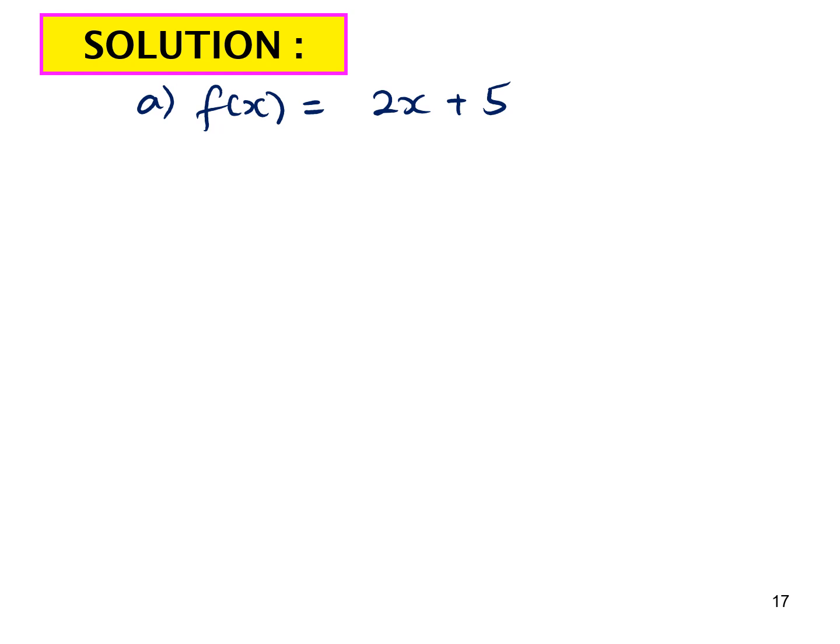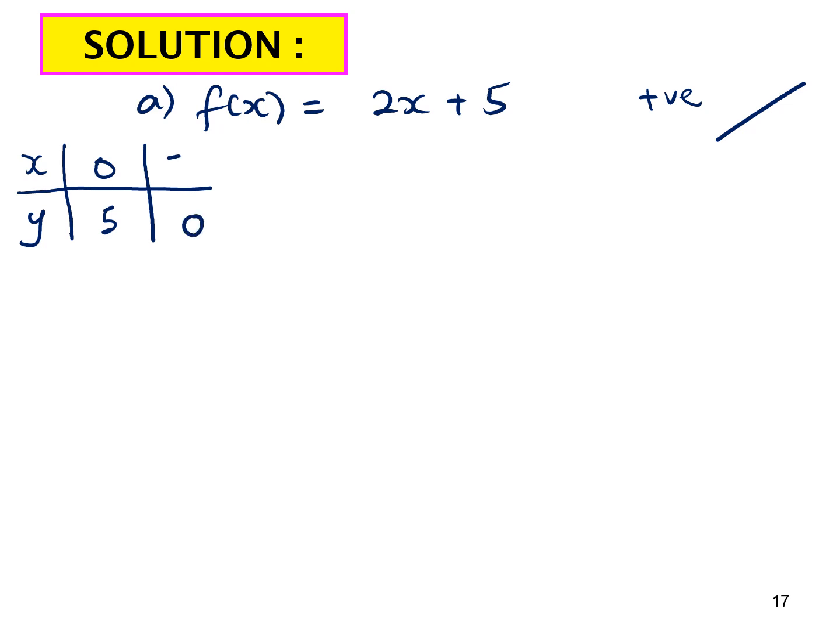The gradient is positive, so the shape of the graph is like this. When x is 0, you can see that y is 5. When y is 0, you get negative 5/2, right? Correct.